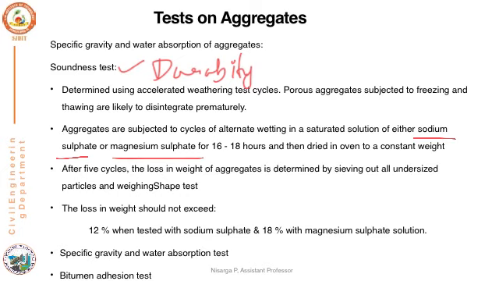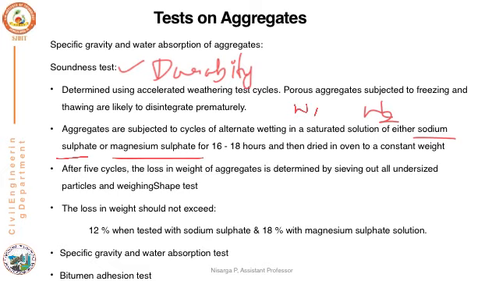Such cycles are repeated 5 times, and after the fifth cycle you have to determine the loss in weight of the aggregates. How to determine? Take down the initial weight of the aggregate before the commencement of the cycles, and after the 5th cycle, once you dry the aggregates in the oven, take down the weight again. The difference in weight gives you the loss in weight of the aggregate.